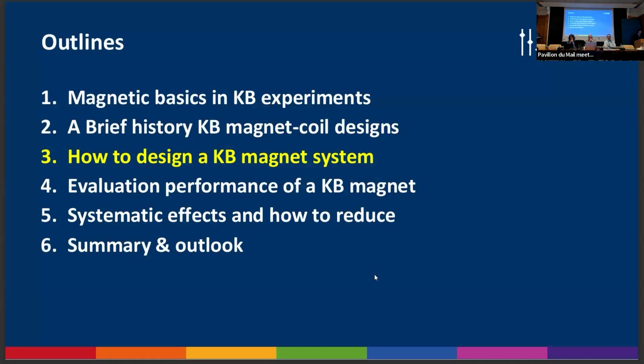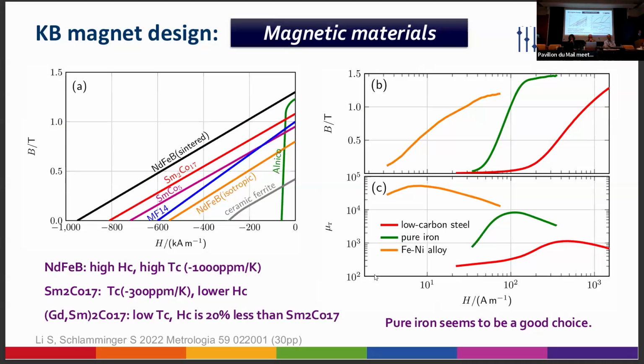Okay, the third part: how to design a good Kibble balance. First, we need to choose good magnetic materials, generally the PM material and the yoke material. For the PM material, you can choose a neodymium material, which can generate a really strong magnetic field, but the temperature coefficient is a little bit high, about minus 1,000 ppm per Kelvin.